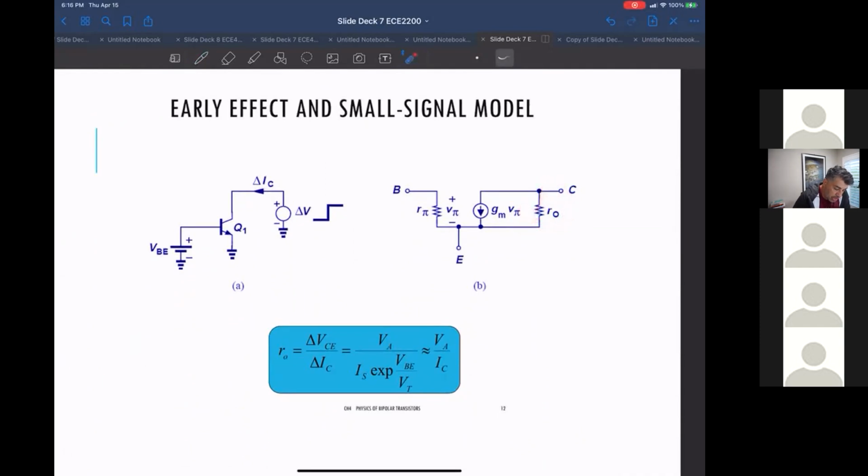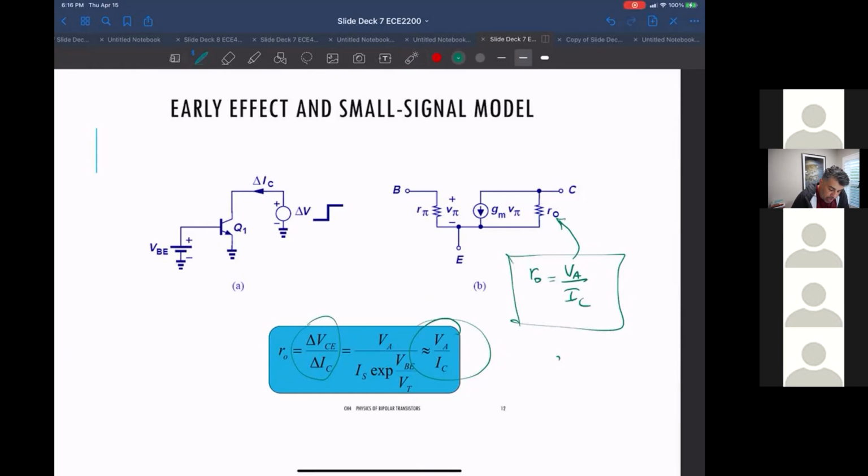This extra resistor, R sub 0, is V sub A over I sub C. I'm not going to derive it, but it's a fairly easy derivation because we're just taking a derivative of V sub E with respect to I sub C. So basically you just have to add this to your small signal analysis.